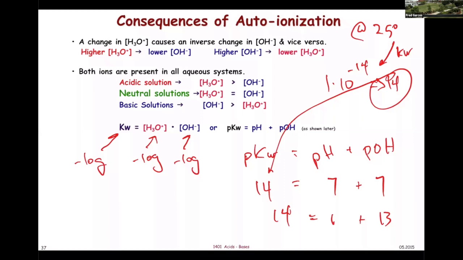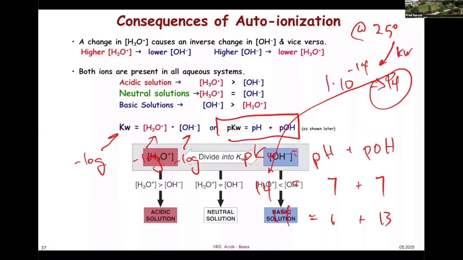But for your class, you can assume that we're talking about 1 times 10 to the minus 14 at 25 degrees, unless otherwise stated. And it'll tell you to use this Kw, okay? So this is a really handy equation, because then you don't have to worry about multiplying. All you have to do is add. It's much easier to add than multiply, okay?